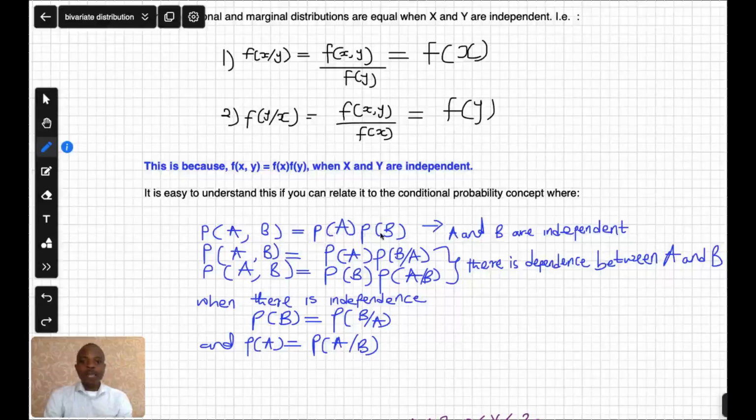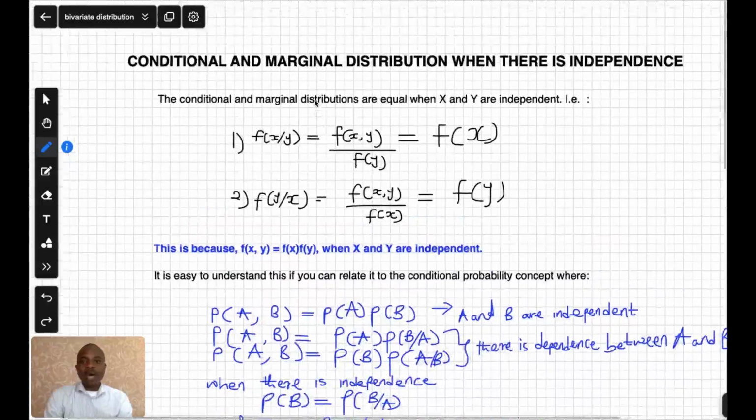That being said, we can go back to our conditional and marginal distribution. Now it means that when there is independence, your conditional distribution will be the same thing as your marginal distribution.